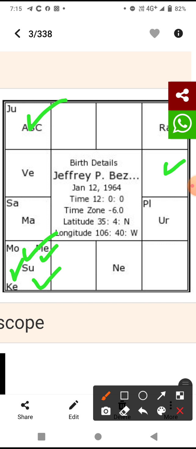And Ketu is also in the 10th house. Ketu, I already told you, is electronics, and this person is also interested in electronics. And in electronics, nothing but e-commerce. Is it electronics? No. So that is how Jeff Bezos was a great personality. So all these fulfill our principles.